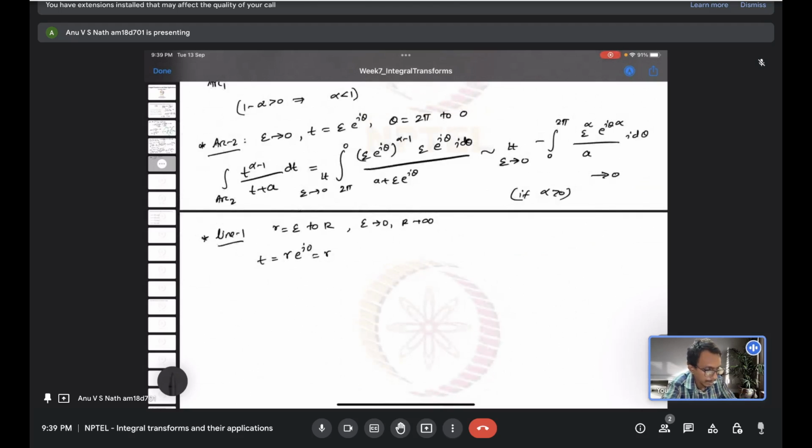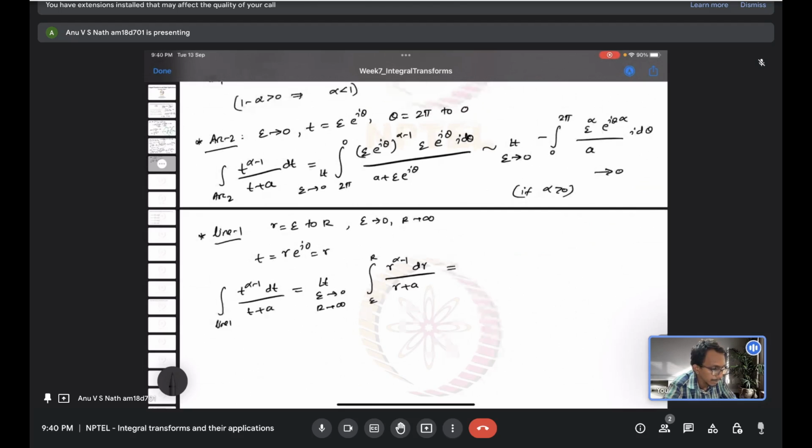So the line 1 integral of the function t raised to alpha minus 1 dt by t plus a will be, we have to write the limit epsilon tending to 0, r tending to infinity, the integral, t is actually r, so it's r raised to alpha minus 1, then dt will be dr by r plus a. Now r is going from epsilon to r, and this will become the I which we actually want to evaluate, I of alpha comma a.